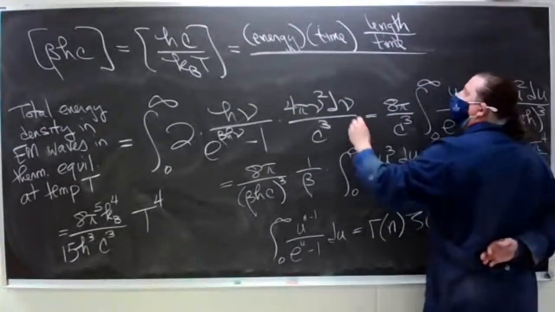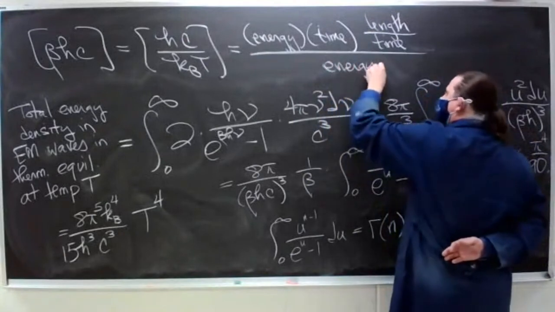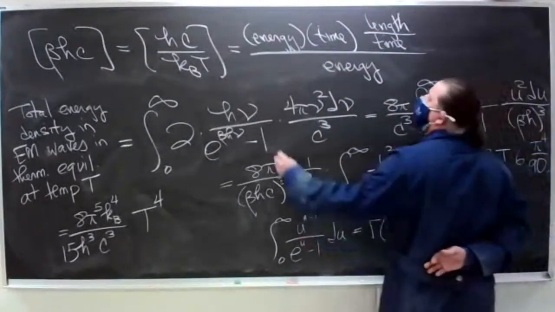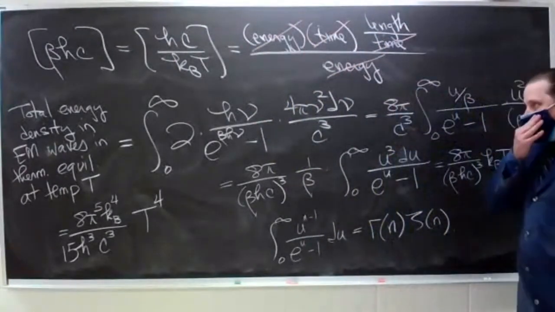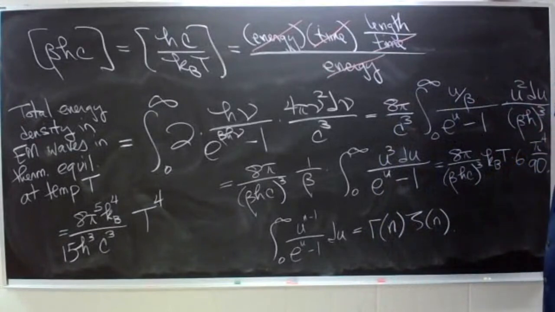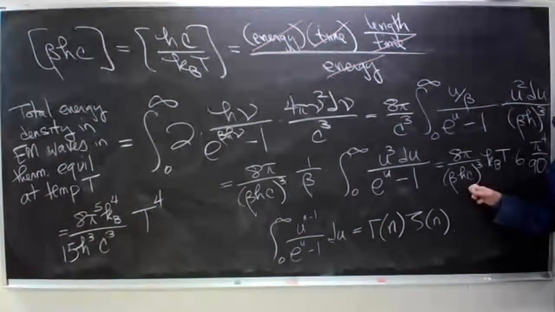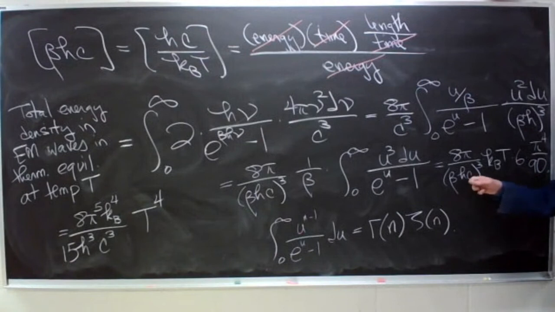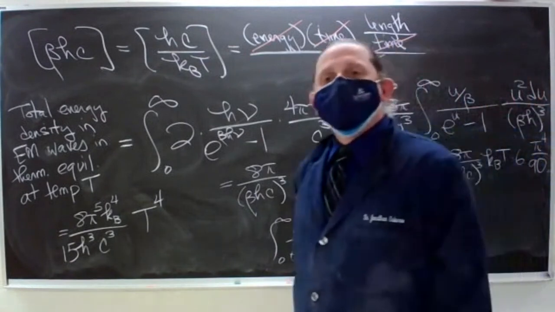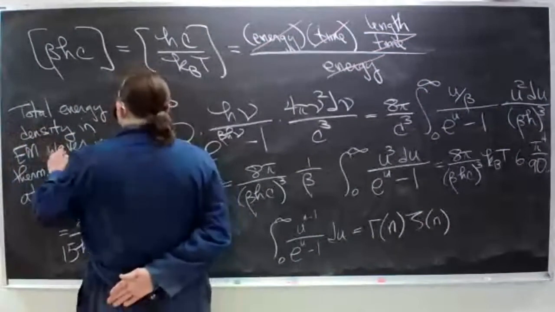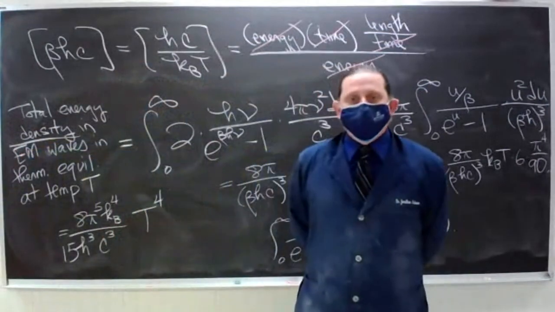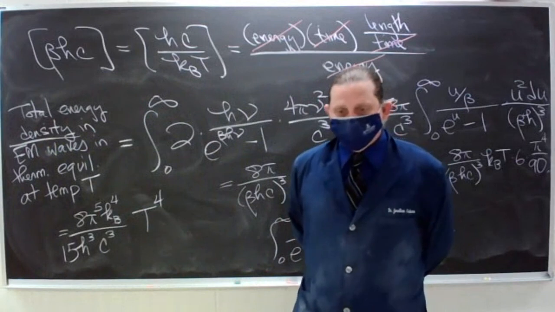K Boltzmann T, we've already said, was an energy. So beta hc is a length. So let's see what we got here. Energy divided by length cubed. Yep, that's what we want. Energy density. Remember, this was not the total energy. It was the energy density, energy per unit volume.